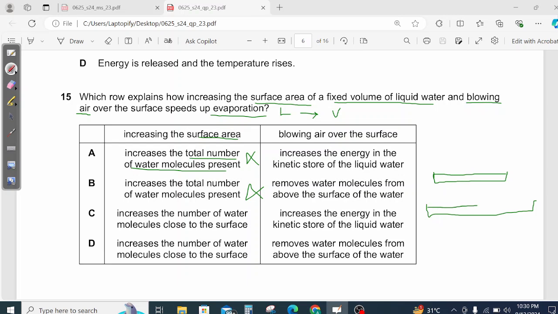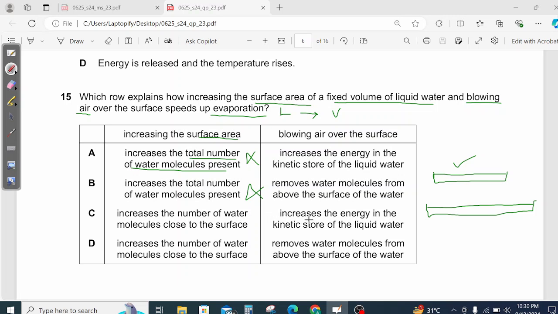It means the availability of water molecules close to the surface is larger than in the small container. That is why both are correct statements, but we have to select a pair of correct options.